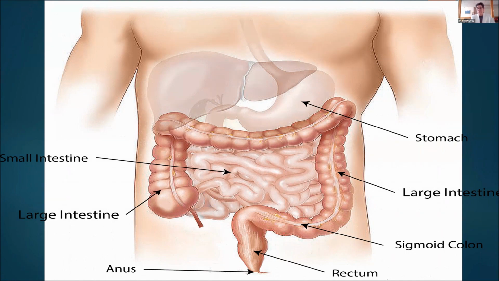And if they then start digesting food for us up in our small intestine too high up, then we're going to get the symptoms of small intestinal bacterial overgrowth.